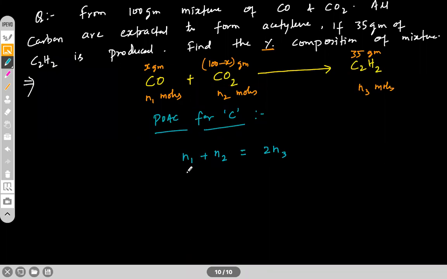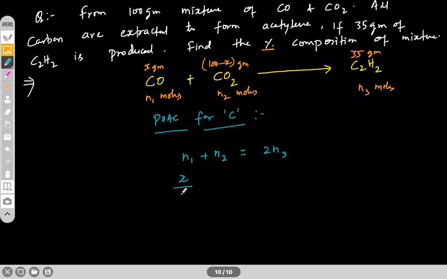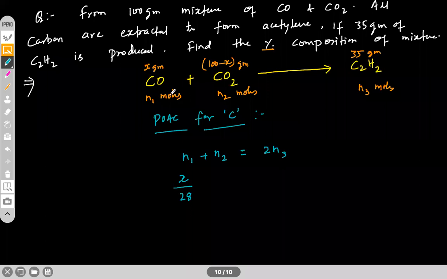Number of moles, we can write down mass, that is X gram we have assumed, divided by the molecular mass of this. So molecular mass is 28. Here the molecular mass of carbon we cannot take because X gram, X is the mass of CO. N1 moles, N1 is the moles of CO, not carbon. That's why I have taken here molecular mass of CO, not carbon.